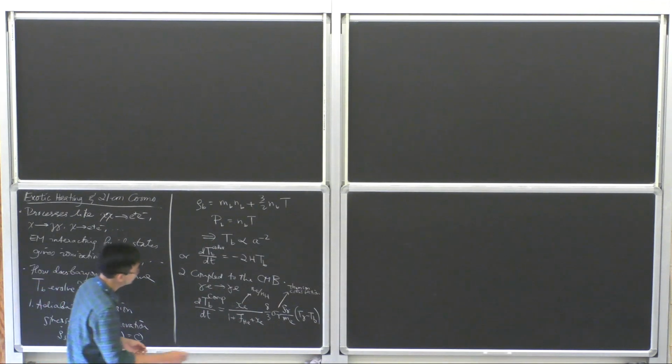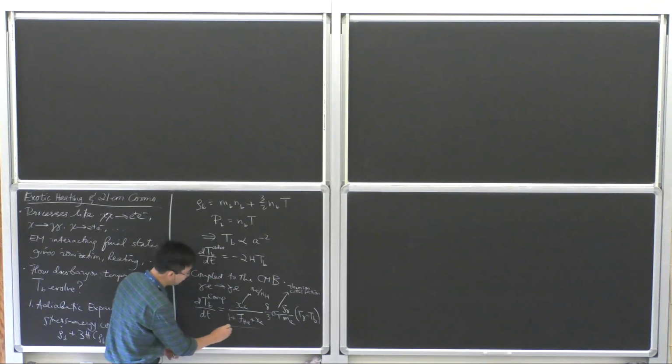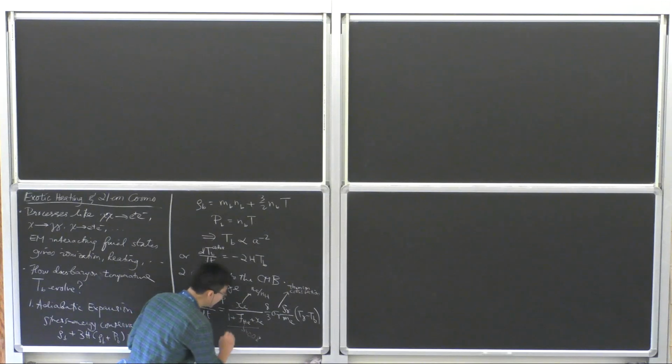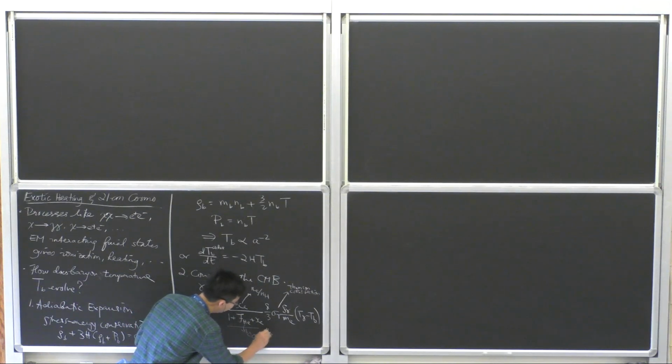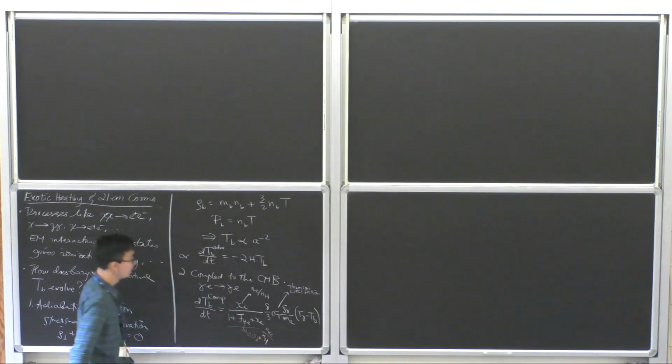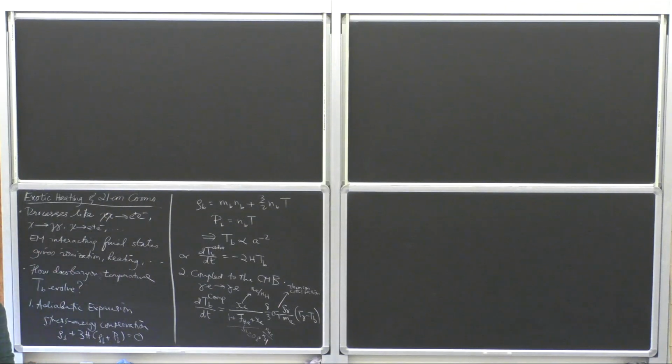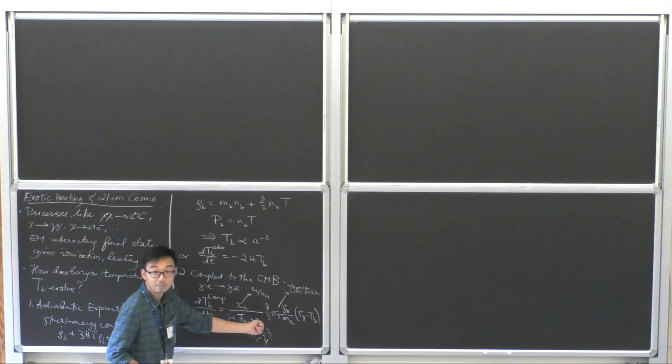And then there's a divide by two things. f_He is the number density of helium divided by the number density of hydrogen, which is roughly 0.08. That's what we derived when I was talking about BBN. And so this is like 1 plus 0.08 plus number of electrons divided by n_H.